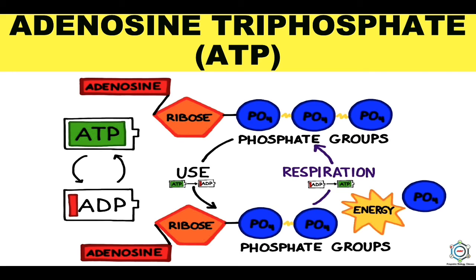Removal of the terminal phosphate group of ATP by hydrolysis yields ADP, a free phosphate group, and 7.3 kilocalorie of energy per molecule, and separation of the terminal phosphate group of ADP by another hydrolysis gives AMP and 7.3 kilocalorie of energy per molecule.